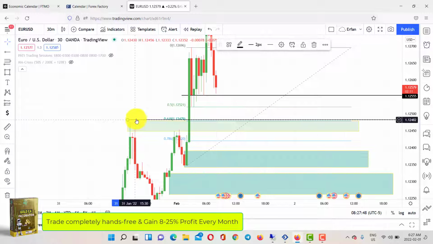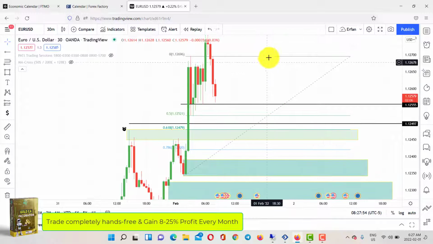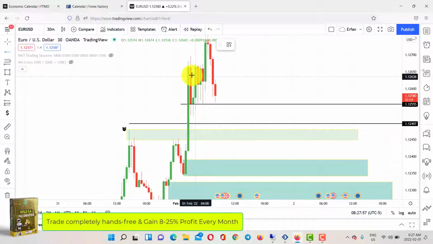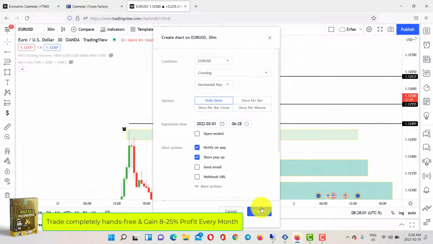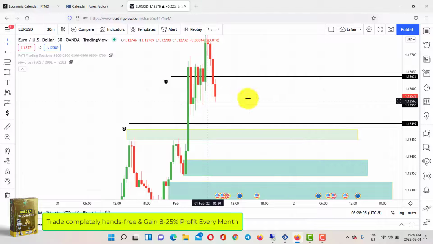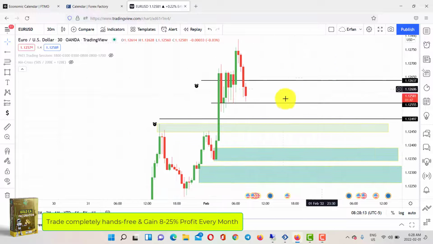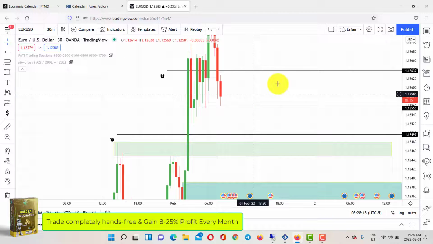I'm going to set my alarm here just in case, and one alarm right here. I want to see if the price is trying to go up, so then I can say that okay, this line is being respected. So I just know that I need to change my bias.